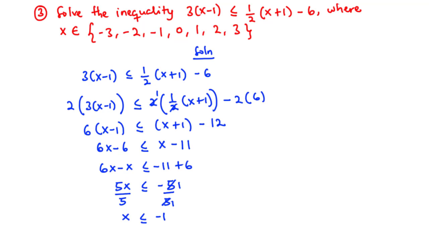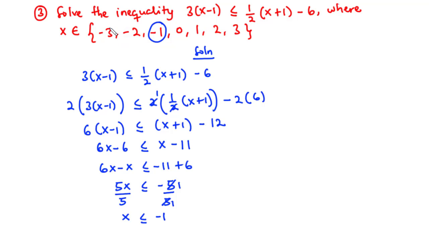Now let's come back to set x. We said that set x has elements negative 3, negative 2, negative 1, 0, 1, 2, and then 3. However, for the truth set of the inequality, we had x is less than or equal to negative 1. Now, numbers less than or equal to negative 1 are negative 1, negative 2, and then negative 3.